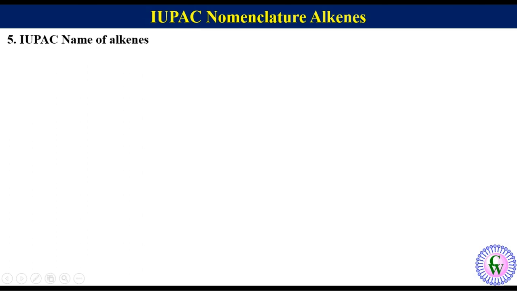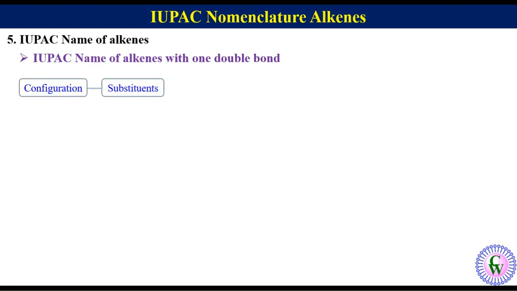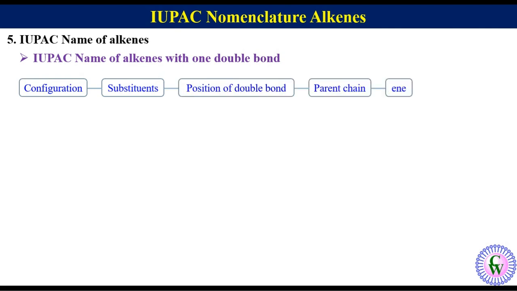Now come to the fifth and final step, in which we will merge all the information to get the IUPAC name of the alkene. The IUPAC name of an alkene with one double bond consists of 5 parts: configuration of alkene, substituents, position of double bond, parent chain, and suffix "ene."